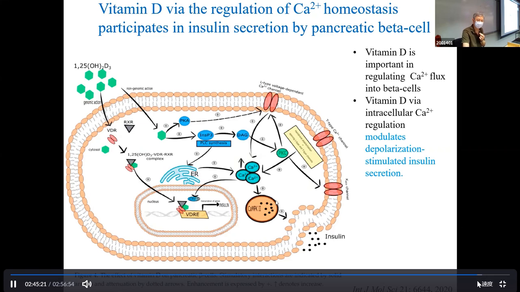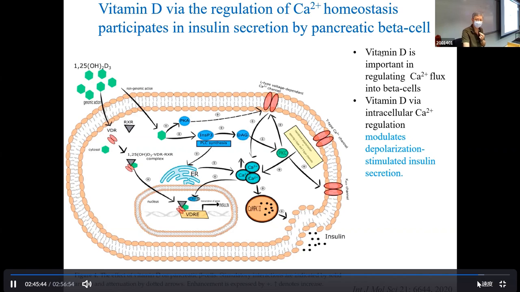But eventually, it may affect calcium influx as well as influence the intracellular signaling related to insulin release. So an adequate amount of vitamin D is important for insulin secretion.